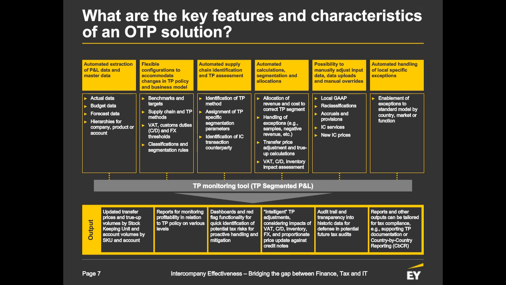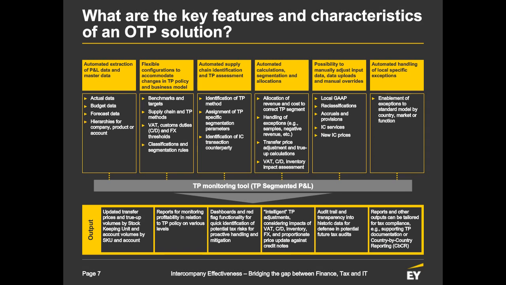The transfer pricing tools, in addition to the calculations and the reporting, also provide an audit trail, so we can go back in time and explain how the policy has been applied to the financial statements, if we need to do that for a tax audit or an inquiry.